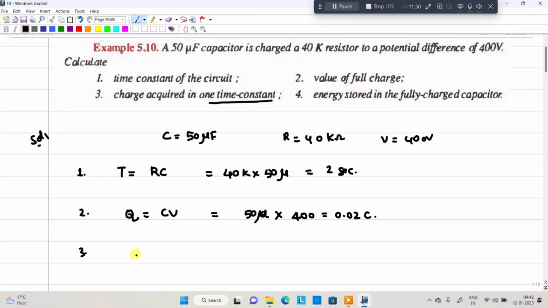Then the third point, the charge acquired in one time constant. The charge at one time constant is 63.2% of fully charged. The fully charged value is 0.02, so that will be equivalent to 0.0126 coulombs.